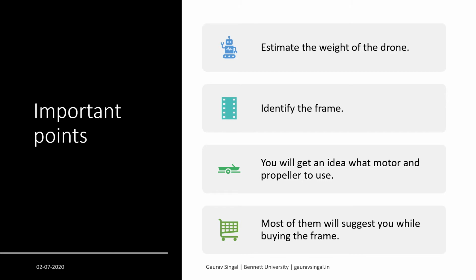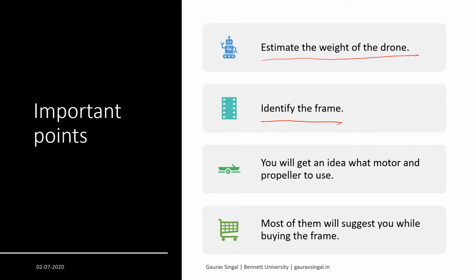Then to check which motor is required for your project, we can estimate the weight of the drone. According to the weight of the drone, we can choose which motor is required. Then we can identify the frame. After identifying the frame, we have some idea what kind of motor to use.